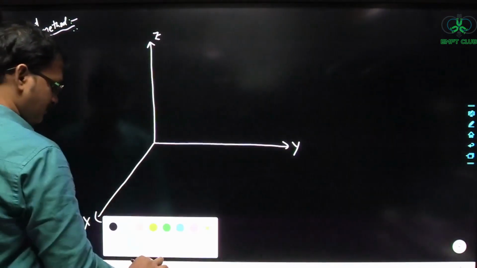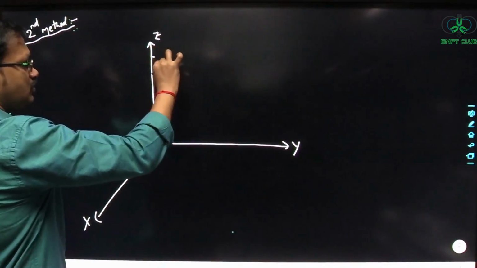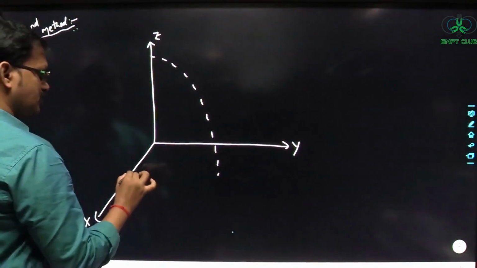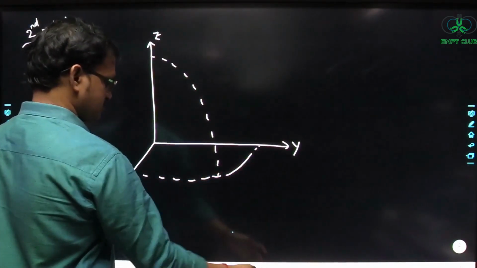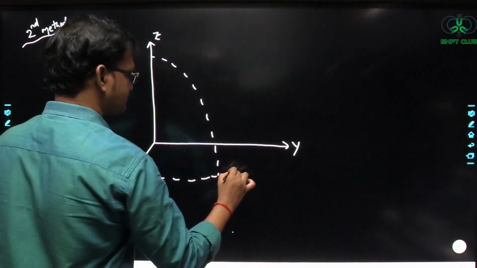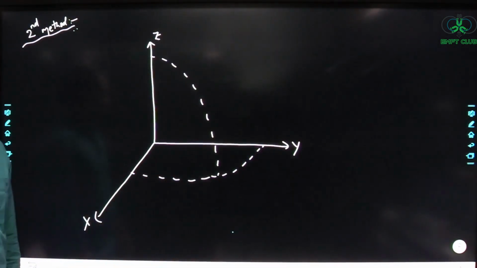Now I am considering one semicircle, a vertical circle like this, and one horizontal circle like this.